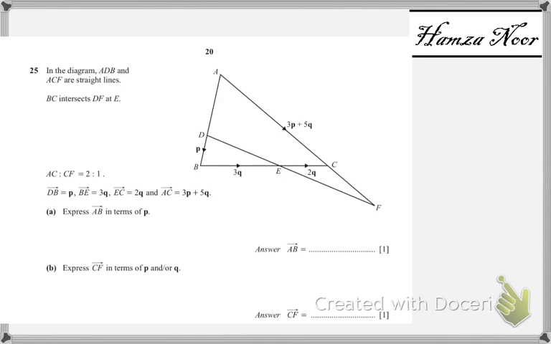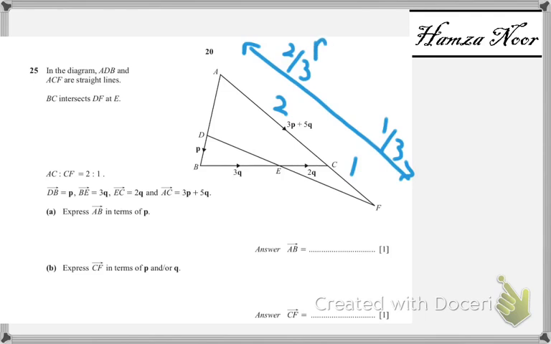Alright, so this is an informative thing. AC to CF is 2:1. So the ratio is like this. This means if this is a whole line AF, then AC is the part of the line which shares 2/3 of AF, and CF shares 1/3 of AF.